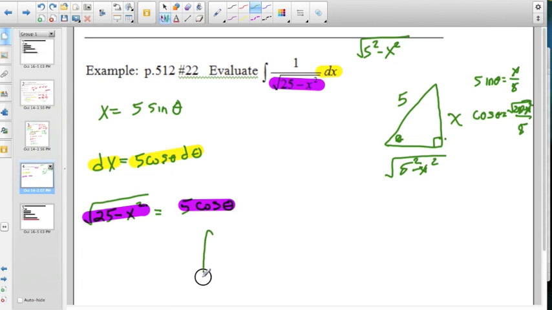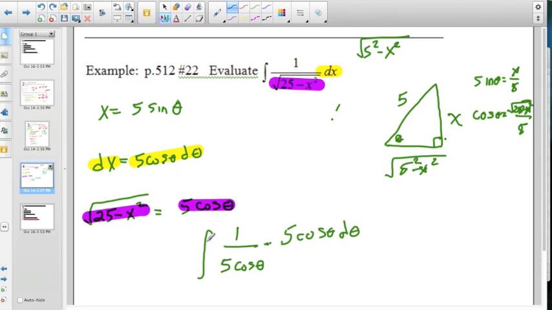And so if we look at this, then we have the integral of 1 over 5 cosine theta. That's the substitution for the radical. And now the substitution for the differential is right here, and so that is times 5 cosine theta d theta.